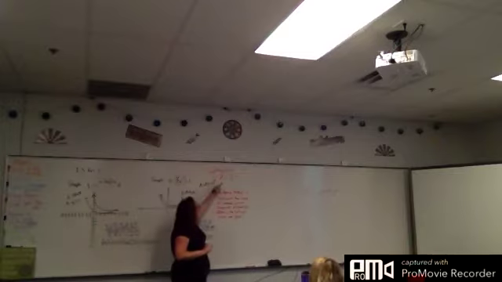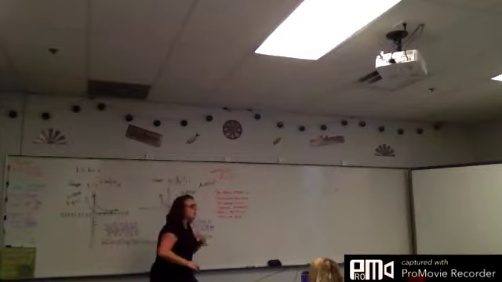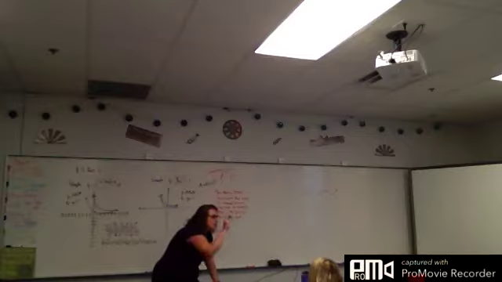This formula is for continuously compounded interest, okay? The difference between them is this. If something is compound interest, that means I gain interest off of what I put in. Continuously compounded interest means I gain interest off of what I put in plus the interest off of everything else.